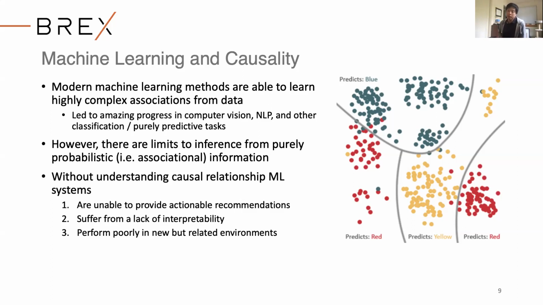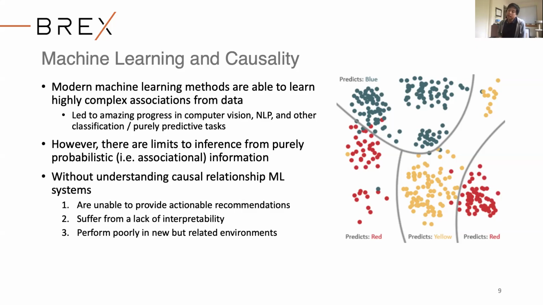Secondly, they may suffer from a lack of interpretability. That was the example given around the evaluation of machine learning models for healthcare applications, where doctors were not willing to trust a machine learning model unless they were provided with some kind of causal explanation for the associations in the data. The last example is around the importance of understanding causal relationships for fairness.